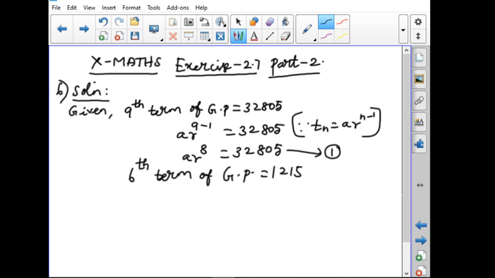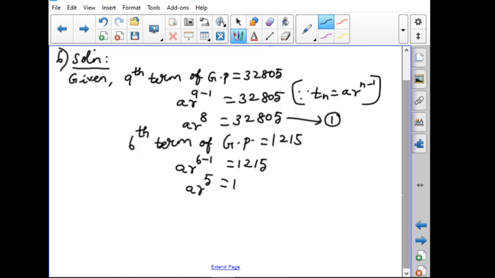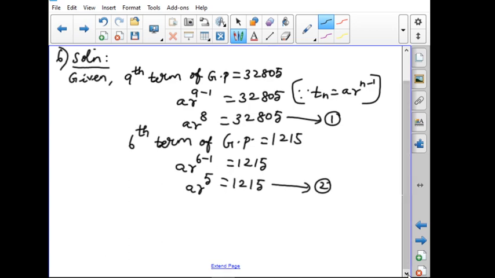Here n is 6. So A R power 6 minus 1 equal to 1,215, so A R power 5 equal to 1,215. Keep this as equation number 2. From the given, we have got two equations, 1 and 2.